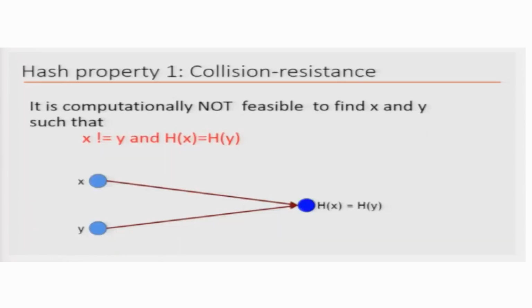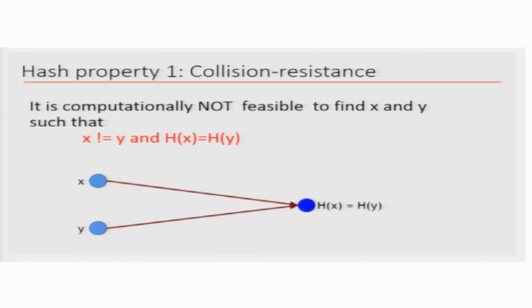So, collision resistance, what does it mean? It means that if you have x and y and their hash is the same, then we say that x and y collide, meaning their outputs are the same hash. Now the question is, if I get a hash, can I find two distinct x and y whose hash is that particular string?